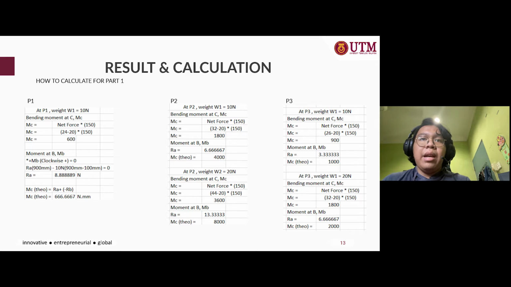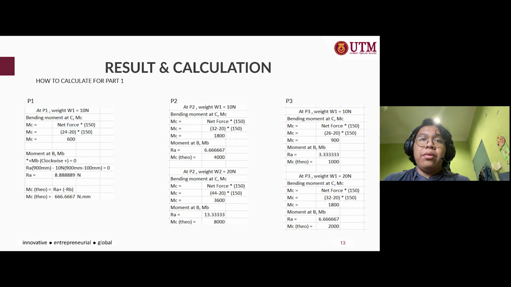Then from there we can get the calculated bending moment at 600. So from there we will be calculating the moment at point B, which is MB. So we would assume clockwise as positive, equals to 0.